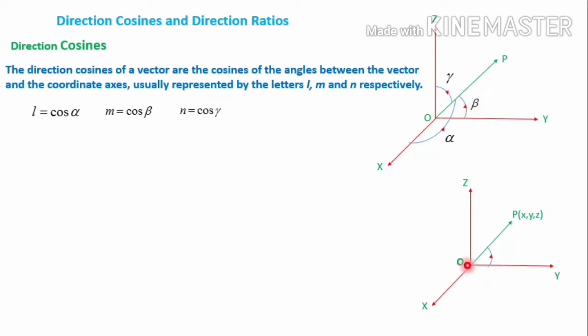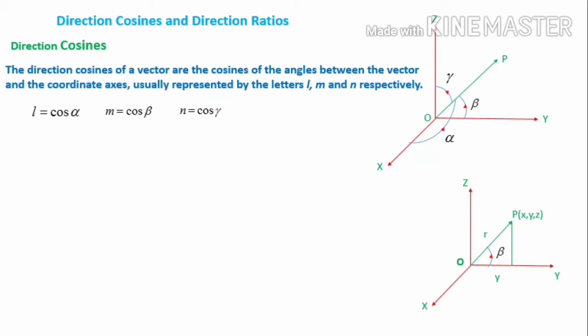The vector OP makes an angle beta with the positive direction of y-axis. If you complete the right triangle here, the length of this portion is y, because that is the y coordinate, and OP is the magnitude of the vector OP, which we can represent by r.